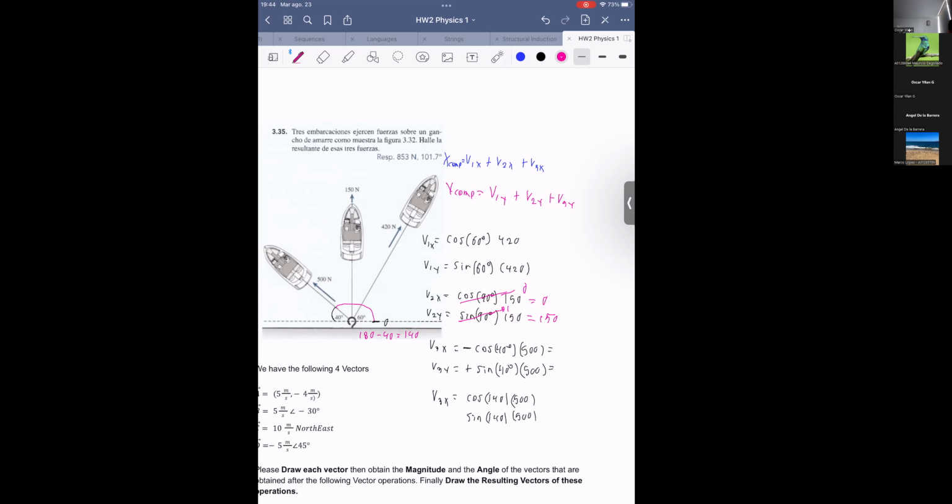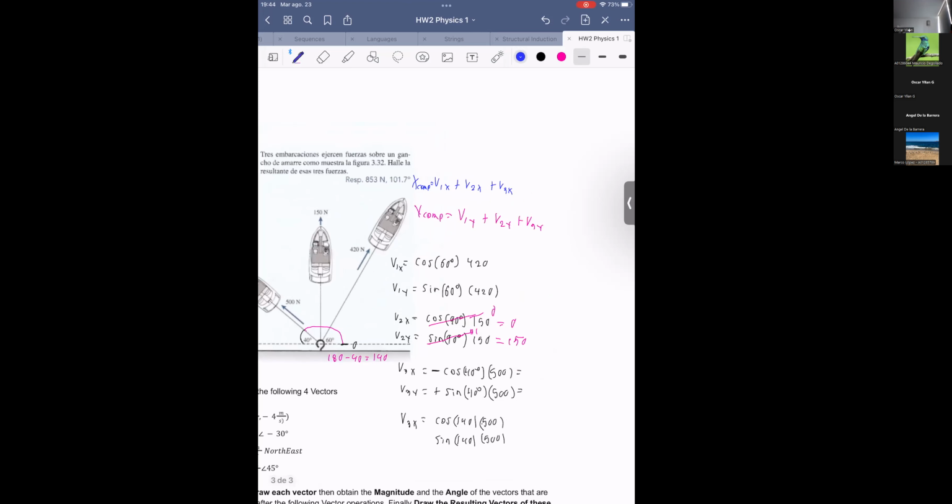Now that you have them, I will not do everything, because I would almost do all the homework, but it's going to be the inverse tangent of the y component divided by the x component. And that will give you the answer.